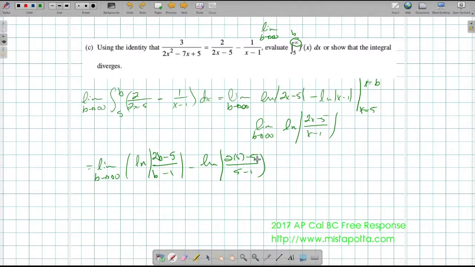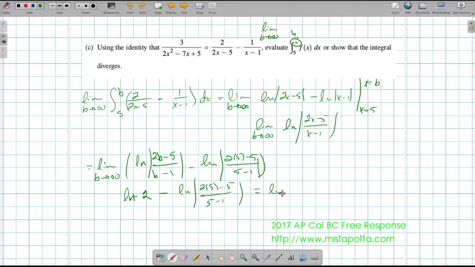Again, remember to close that absolute value. Here, if I take a look at the limit as b approaches infinity, this really becomes the natural log of 2. And this ends up being the natural log of 2 times 5 minus 5 over 5 minus 1. I can leave it like that.